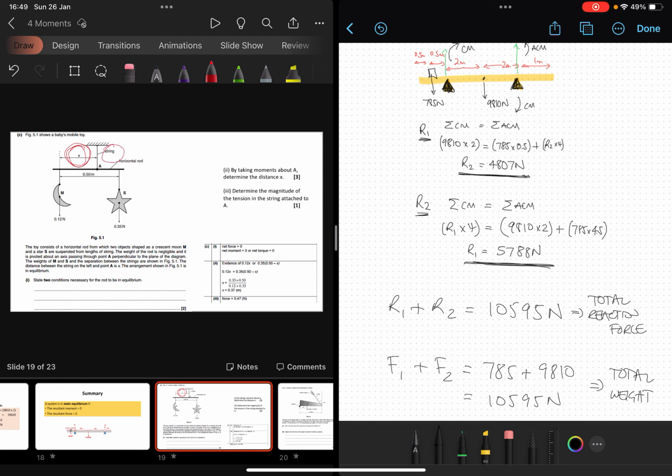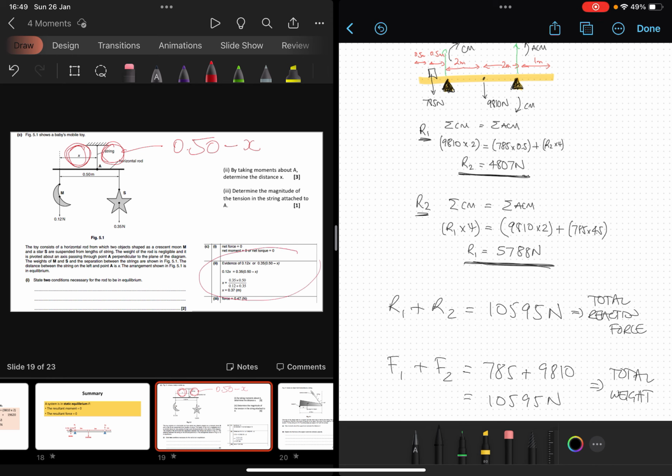For the object on the right, we don't know it. So you have to express that distance in terms of what you do know. Okay, and this distance here is the total distance, 0.50 minus x.